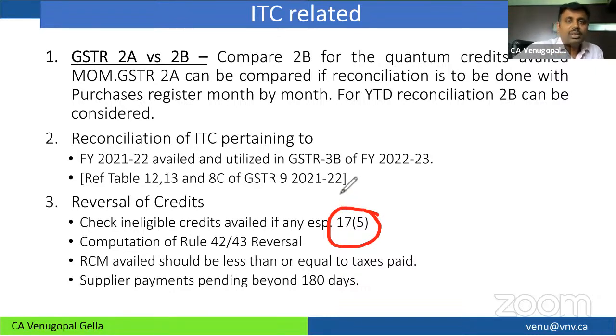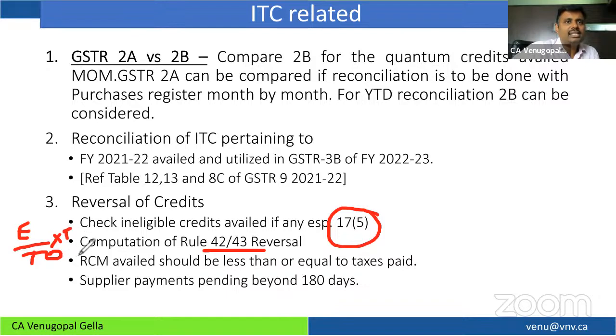you are not supposed to take it. The next thing, if you are taking a credit and that credit is used both for the taxable supply and the exempt supply, you have to reverse it. This reversal you will be doing on a monthly basis. Again, at the end of the year, you have to do it once again. Whatever the total turnover during the year, you will be multiplying the exempted turnover into your common credits.